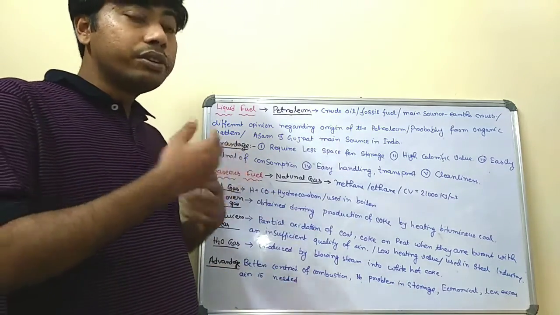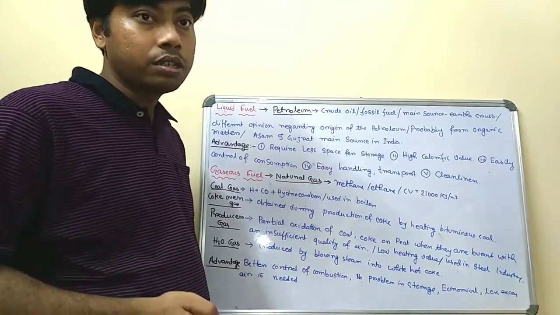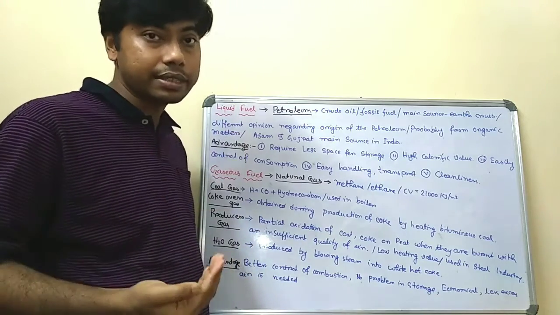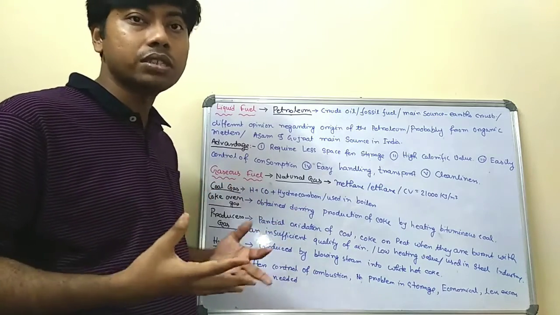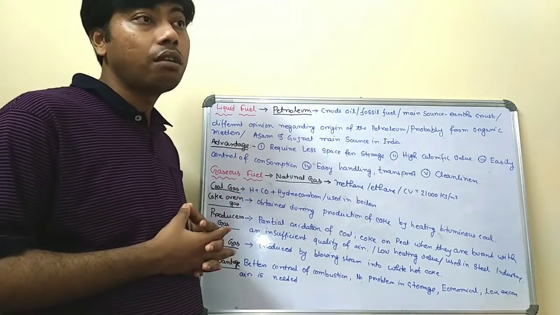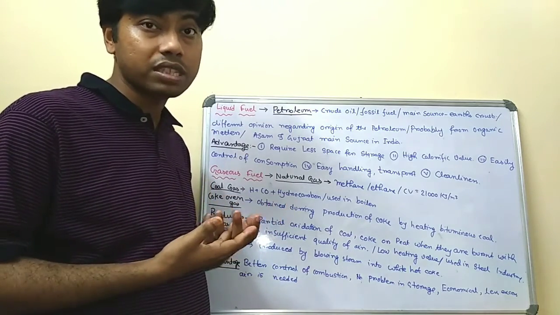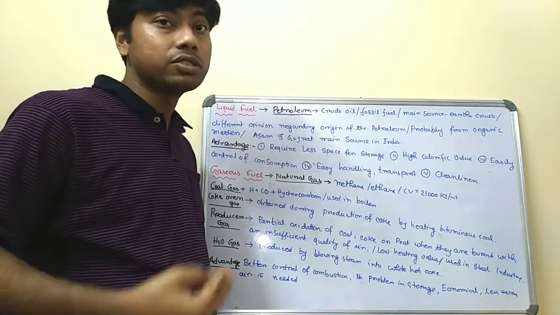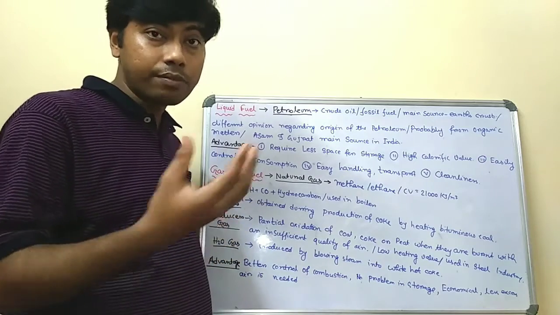Now we will discuss excess air, which is very important in the fuel and combustion chapter, because there are two terms, theoretical air and excess air. For combustion to take place, the presence of oxygen is obviously needed. The amount of air required theoretically is called theoretical air, but that is not sufficient for the combustion of any type of fuel.